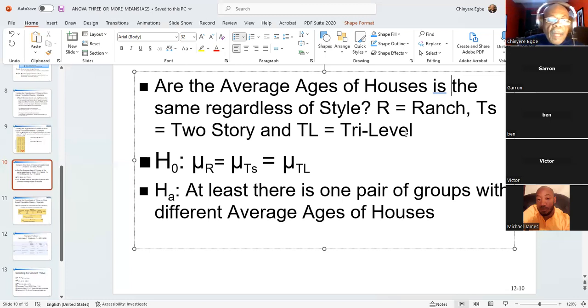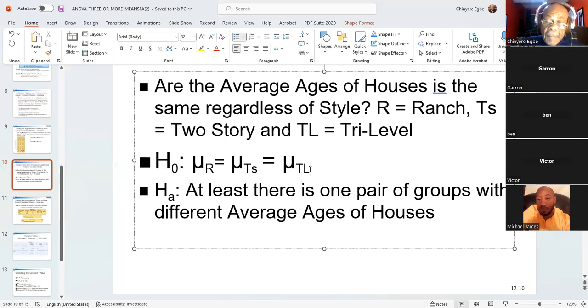All right? So your null hypothesis will be that the average age of ranch, average age of two-story, and average age of tri-level is the same. The housing development occurred at the same time, and customers simply chose what types of houses they wanted, but they all came about the same time.